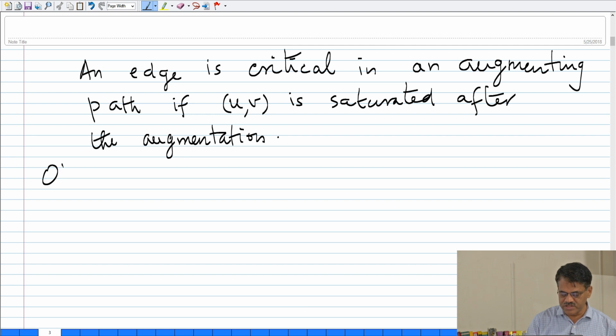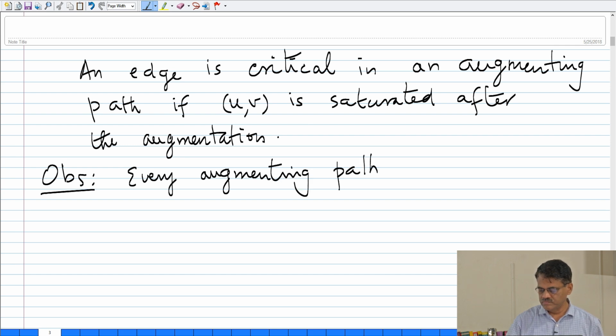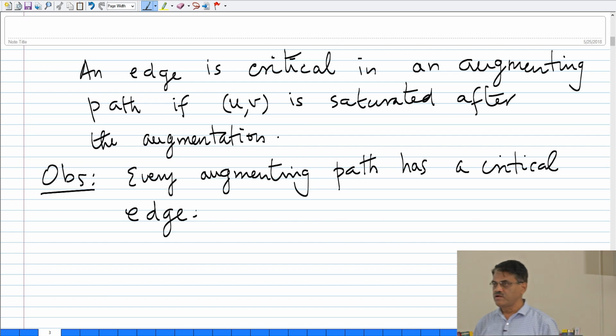Here is a simple observation. Every augmenting path has a critical edge, at least one. Agreed? Why? That's the way we augment. I find a path. How much do I push?